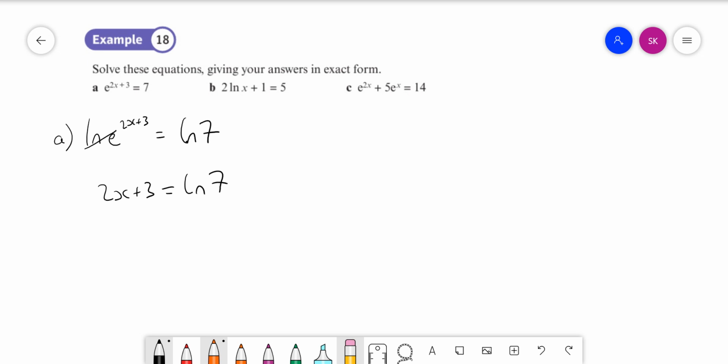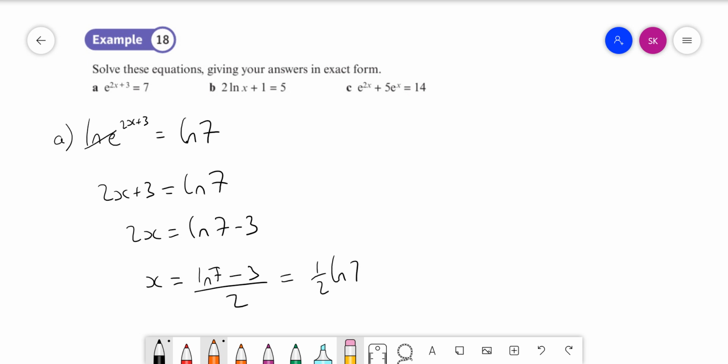And now we solve the equation in the usual way. We take away 3 from both sides, and we divide both sides by 2. You can either write it like this, ln 7 minus 3 over 2, or you can write half ln 7 minus 3 over 2, or some variation of that. They're all acceptable.